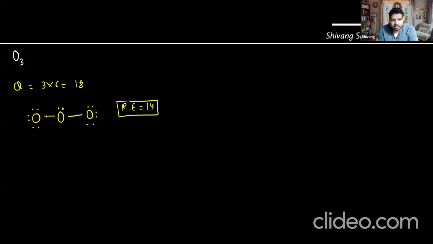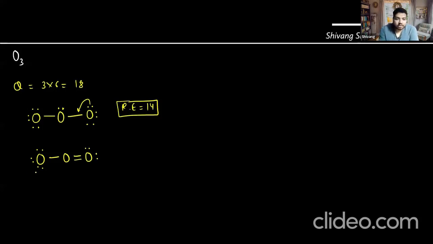It only has 6. 2 plus 2 plus 2, 6 electrons. So what do we do? How do we complete the shell of the central atom? Convert one of the lone pairs into a double bond, right? So it would be 1, 2, 3, 4, 5, 6. O, double bond O, 1, 2, 3, 4. That's your ozone. Very easy, very simple method.